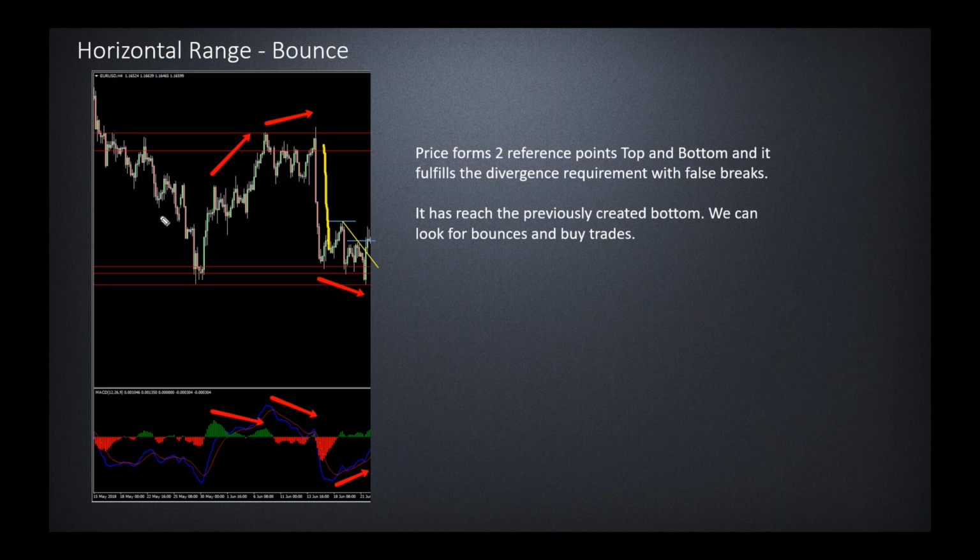So what do we have at that stage? We have level number 1. We have previous levels right here as well. We have level number 2, the top of this range, and a spike, and all this is coming together with a divergence.